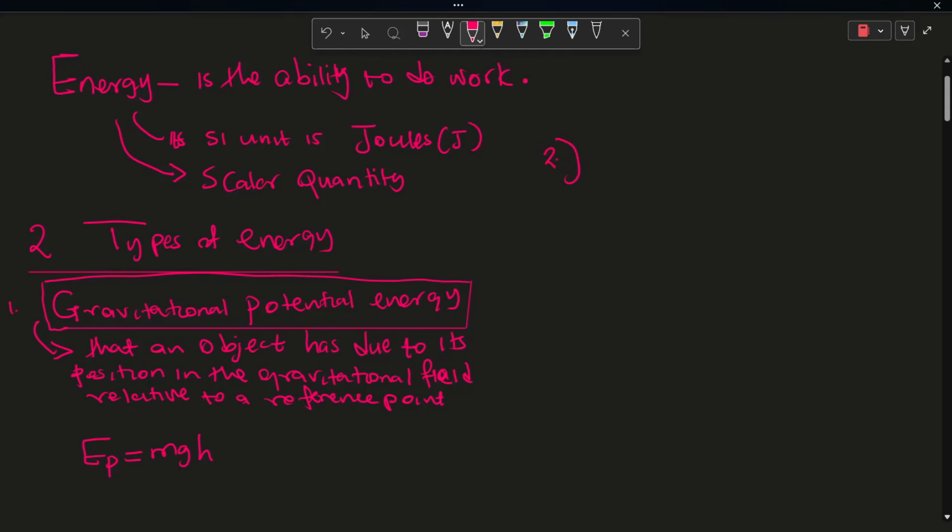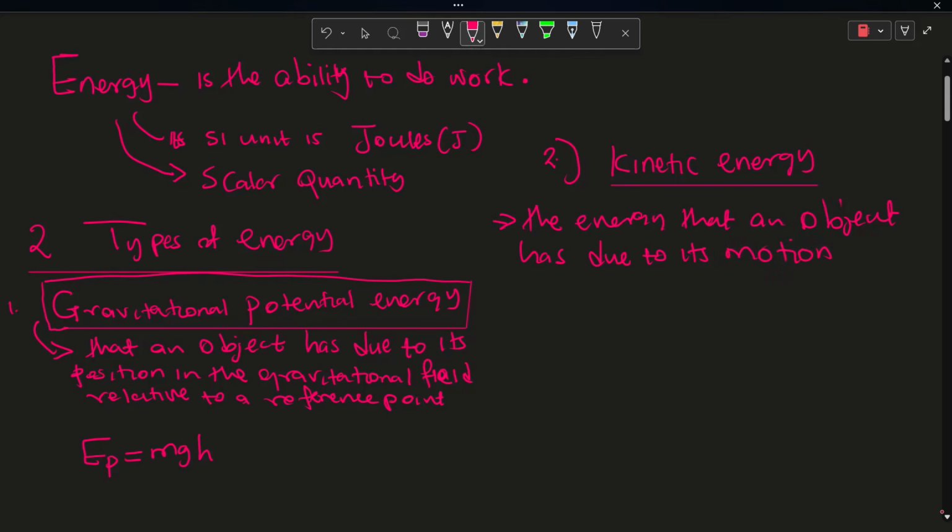All right, the second one, we talk about kinetic energy. Kinetic energy refers to what? The energy that an object has due to its motion.